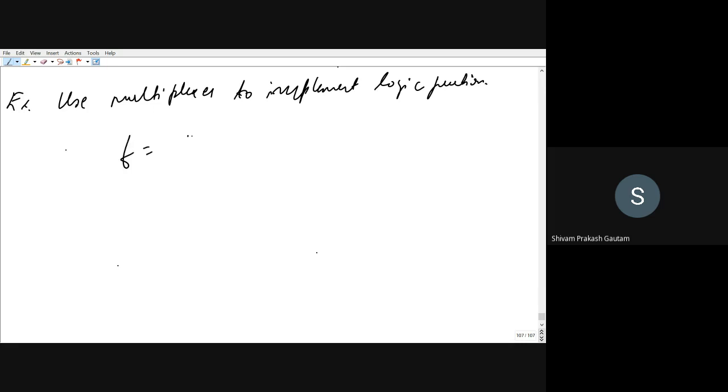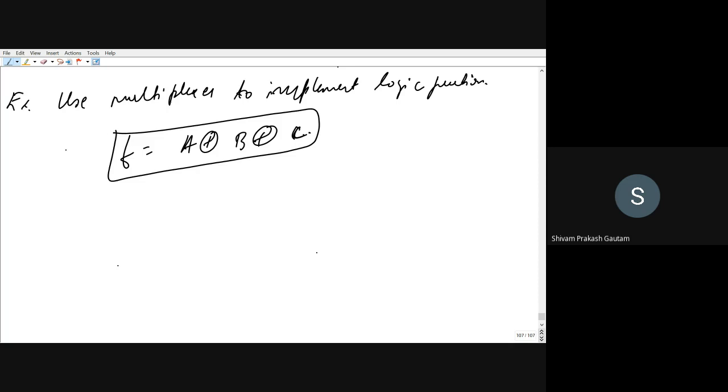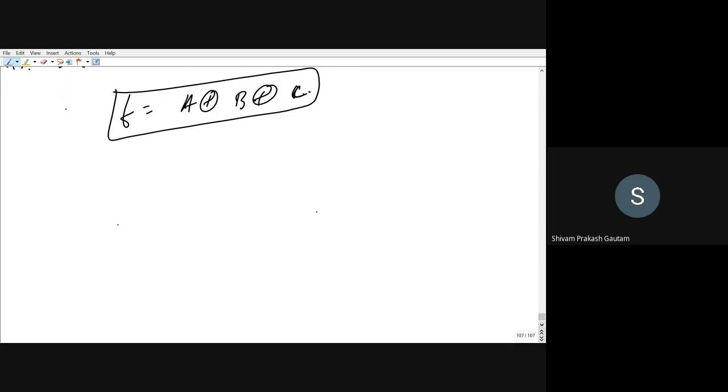We have the logic function f equal to A XOR B XOR C. So this function we have to implement using a multiplexer. If you see, this is the sum operation of a full adder. Just for your reference, I am reminding you this is a full adder.